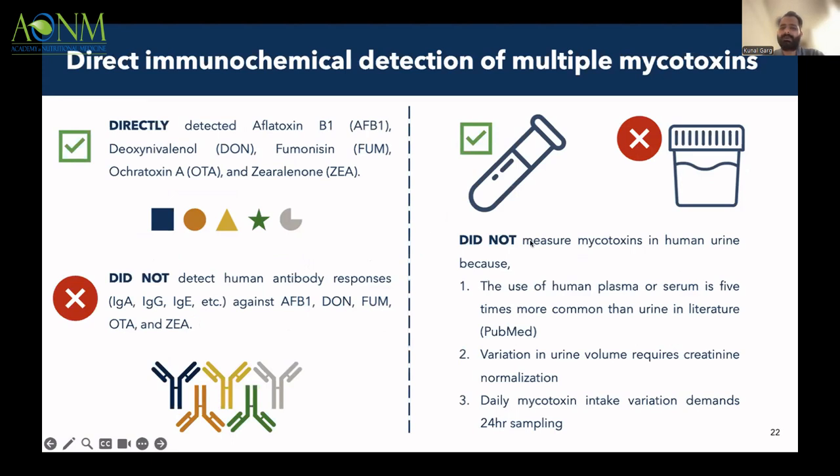And also, we selected to do it on serum or plasma and not on urine, because in urine you need to standardize it, because the urine volume from patient to patient can be different. Also, we are not trying to measure if the natural detoxification process in a particular specimen is working or not. But we are trying to establish the ongoing exposure in patients.